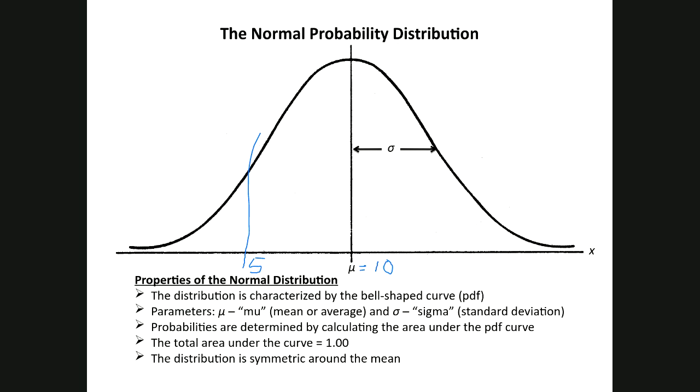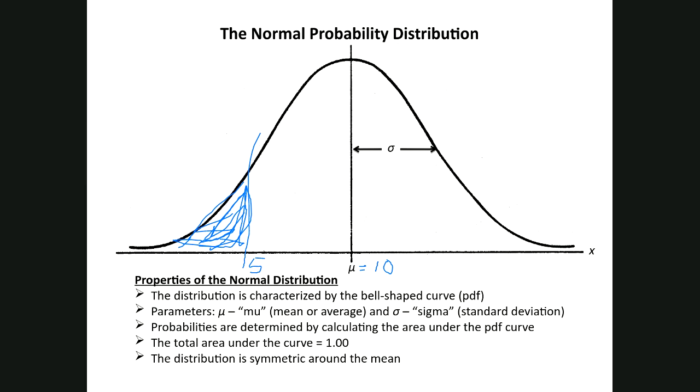Then we have to calculate, and my drawing is not very good, this area under the curve that's below or to the left of 5. And that's not a trivial thing to do. It requires calculus.